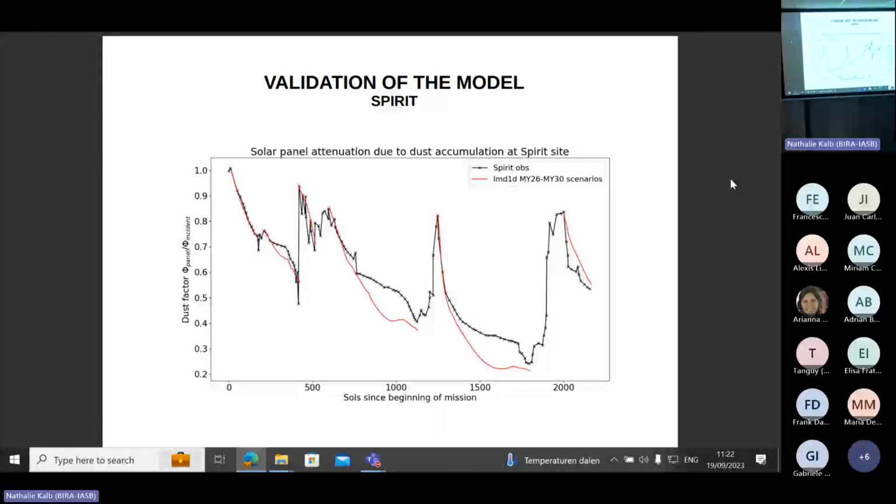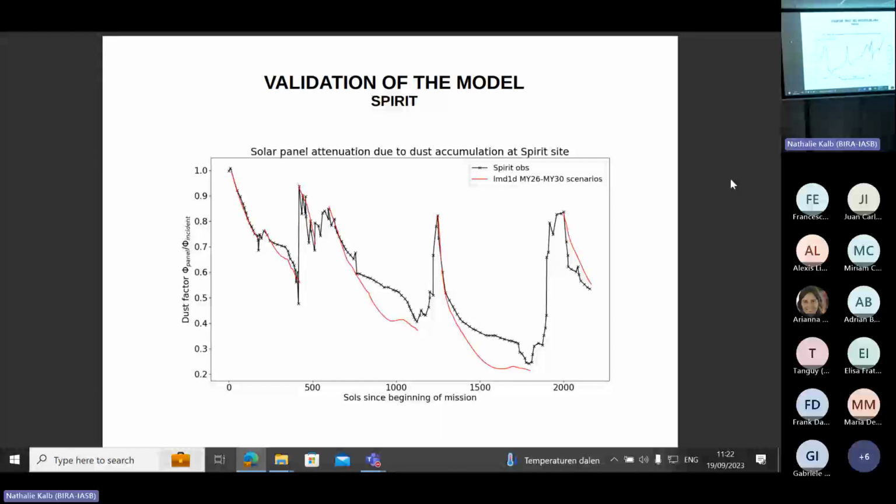And so this is actually not really observational data, but semi-observational, semi-theoretical data. That's why the comparison is less relevant than the one we have with InSight, but still interesting to compare with the model.